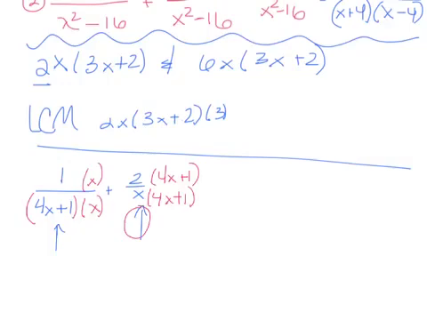Before, they were incompatible fractions or incompatible rational expressions, because when your denominator is not the same, there is nothing you can do to add or subtract the two expressions. However, now that the denominators are the same, I can add them together. So rewriting that, I would have x plus 2 times 4x plus 1 divided by 4x plus 1 multiplied by x.